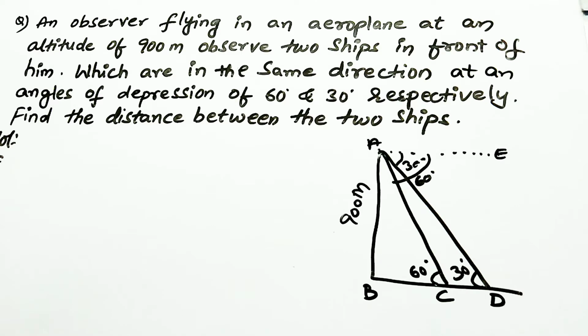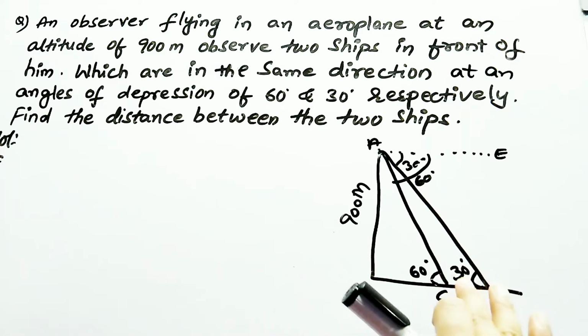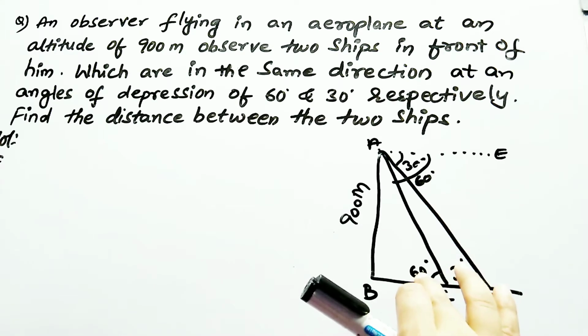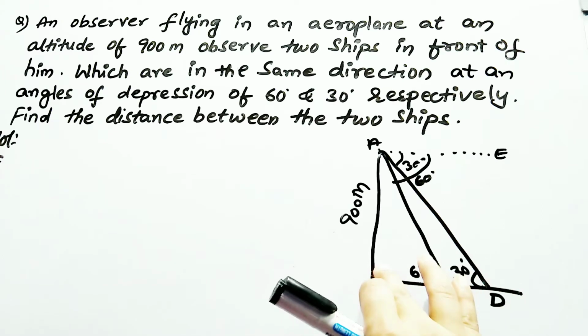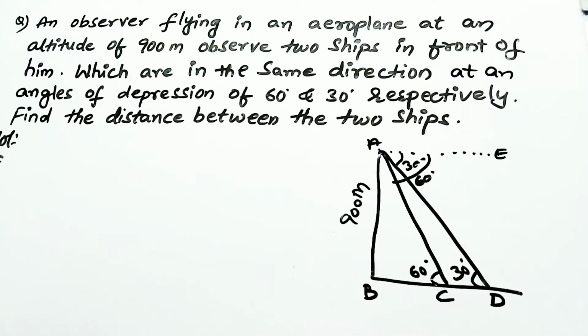If you are closer to the tower, greater is the angle. Observe this angle, it is far from the tower and it is a smaller angle. Just observe your 60 degree, it is closer to the tower and greater is the angle.